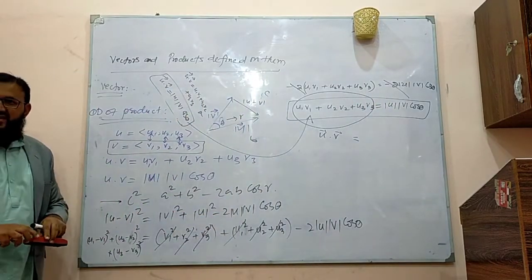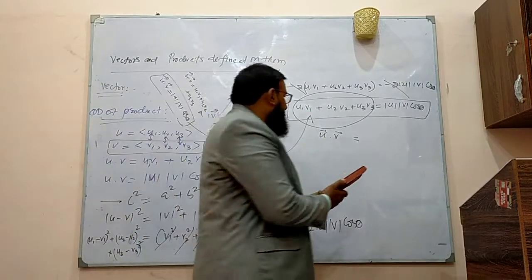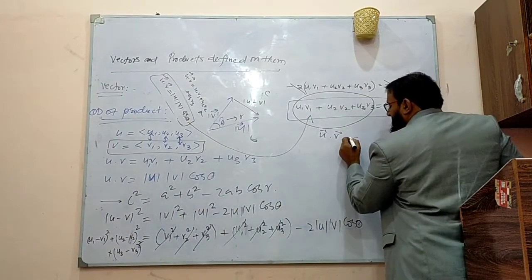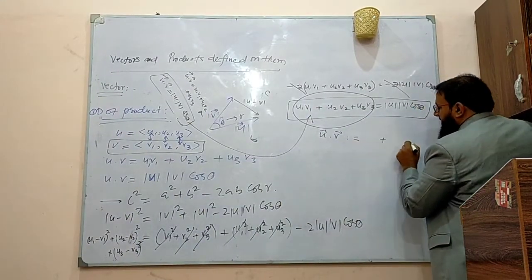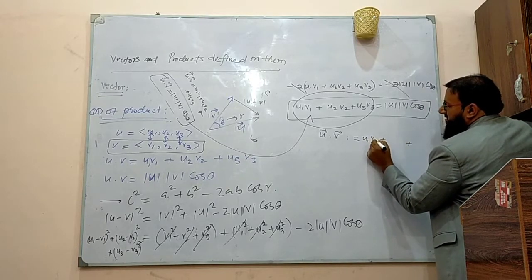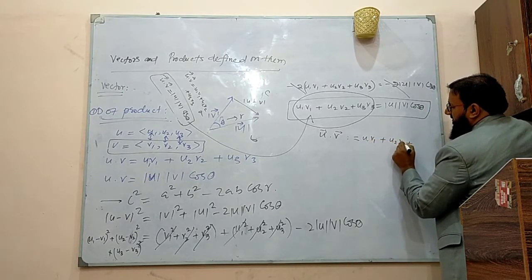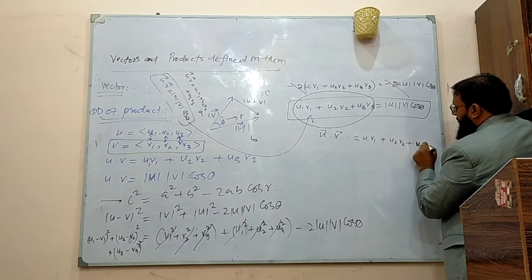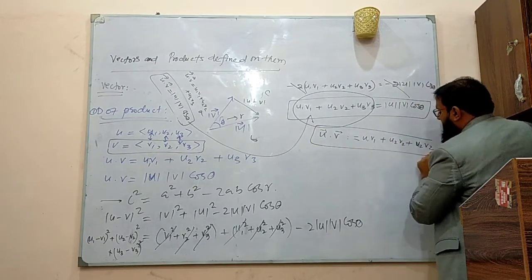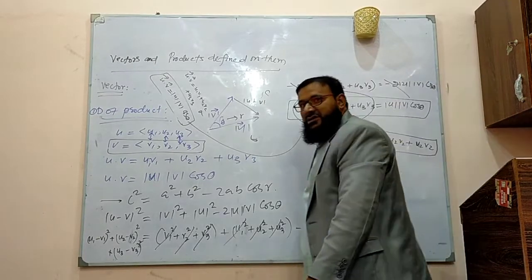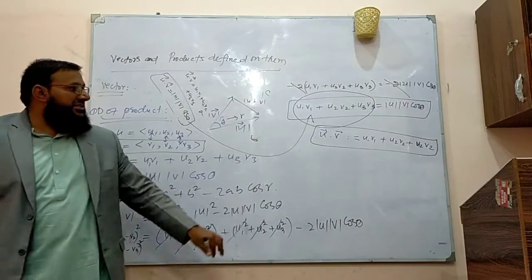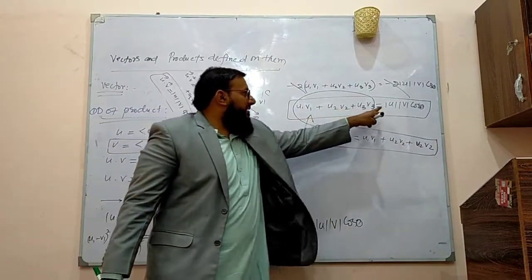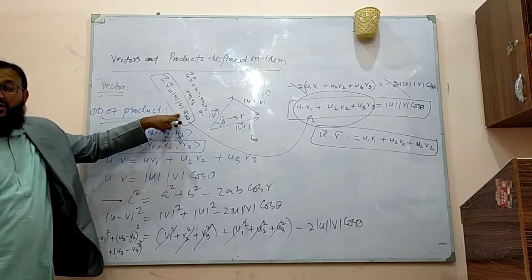So in this way I am going to define that dot product is the sum of the product of components u2 v2. So this is the definition of dot product, and when I put this definition in this formula then I will get this formula.